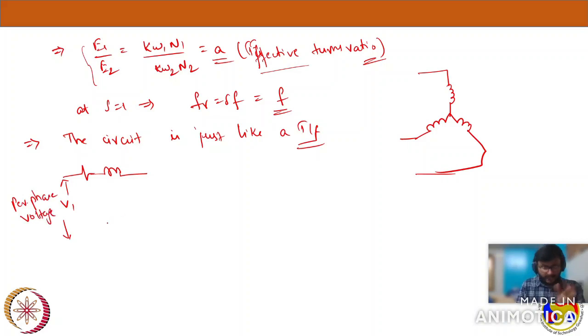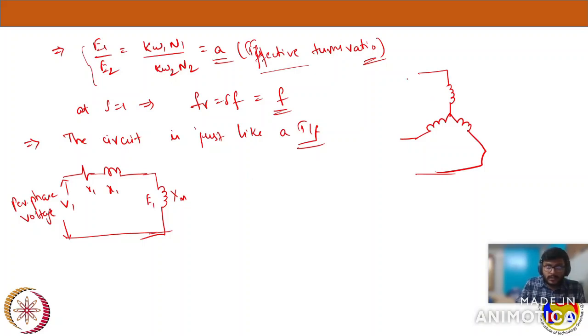As we mentioned, this is R1 and X1, the stator resistance and leakage reactance. Then we have the magnetizing branch, XM. We use a capital letter for XM to represent that it has a much higher value than the leakage reactance and the resistance. The voltage induced here is the induced voltage E1.